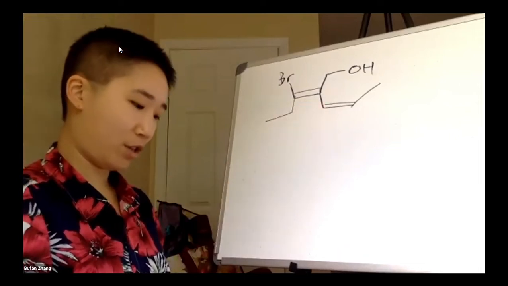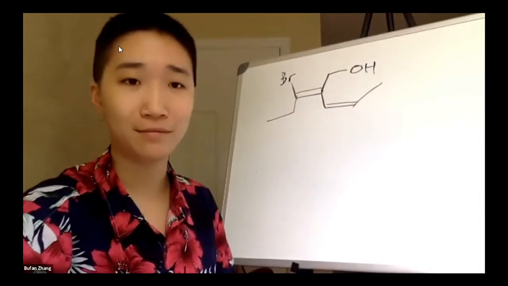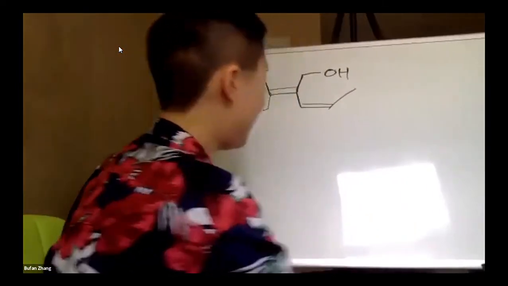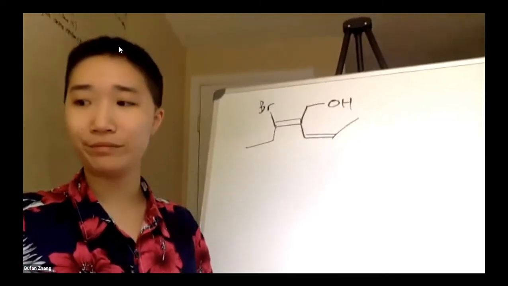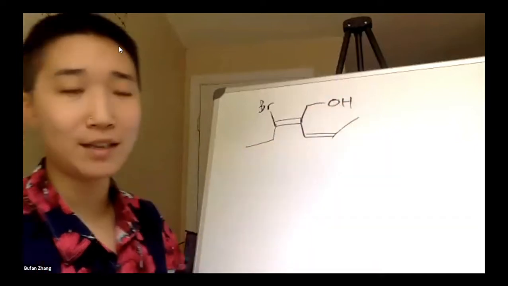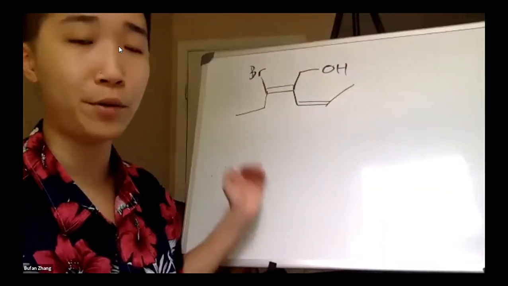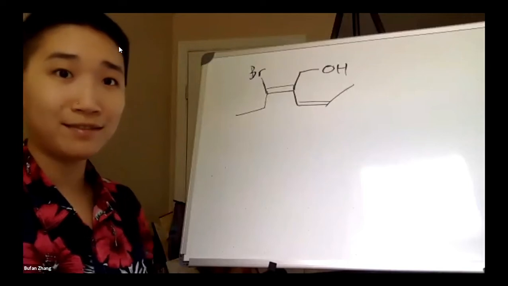Okay, so what do we do first? Let me adjust the board a little bit so that it doesn't cover one side. We're going to ignore the right-hand side first. So who gets higher priority in this case? We have an ethyl and a bromine. The bromine. The bromine gets higher priority because it has a higher atomic number.